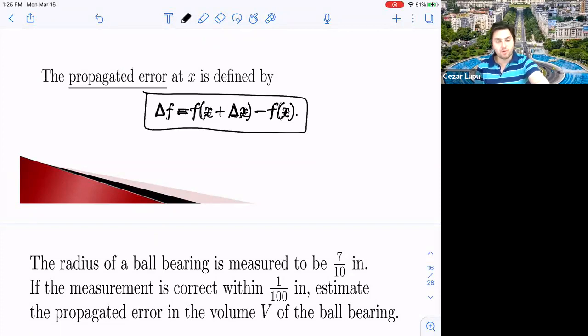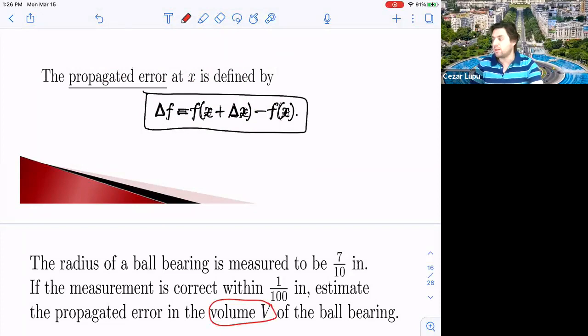If the measurement is correct within 0.001 inches, we would like to estimate the propagated error in the volume V of the ball bearing. All right, so we have a ball. Imagine that this ball is like a sphere, and we're asked about the volume.